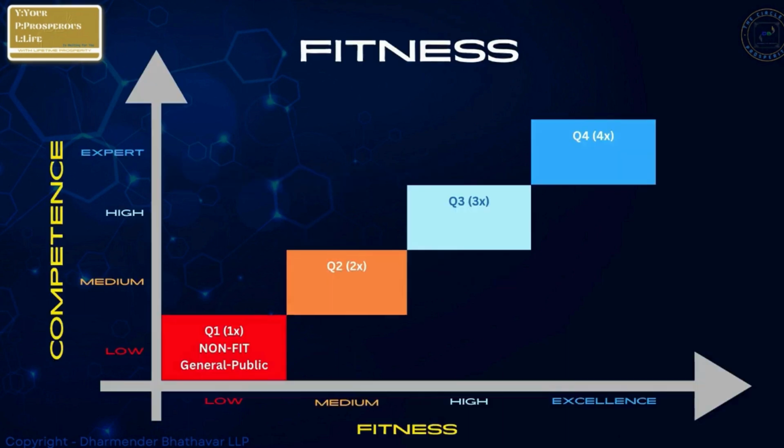We'll try to understand. The first one is non-fit, that is, they don't do any exercises and their fitness levels are very low, and at the same time their competency levels are also very low. We can consider most of the general public under this category. Now the second quadrant is intermediate, where their fitness levels are medium and their competency levels are also medium.